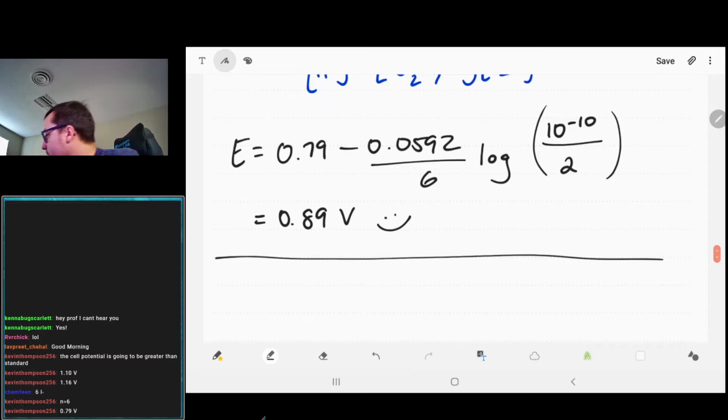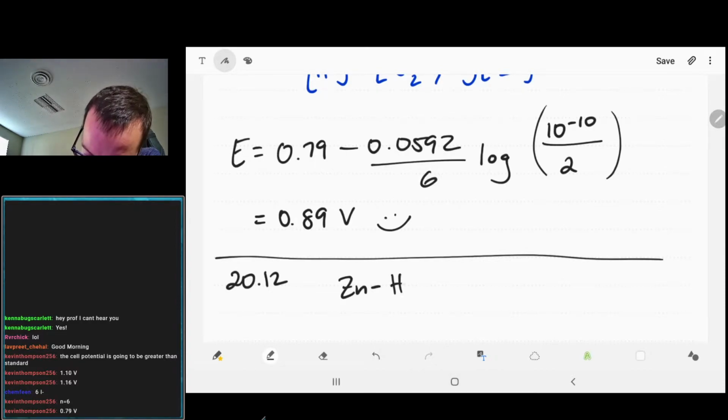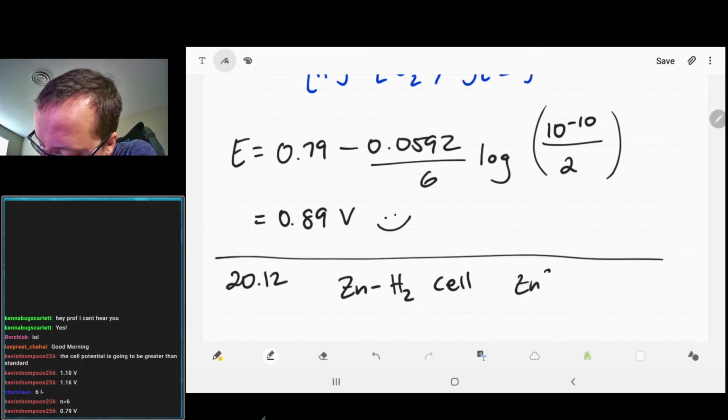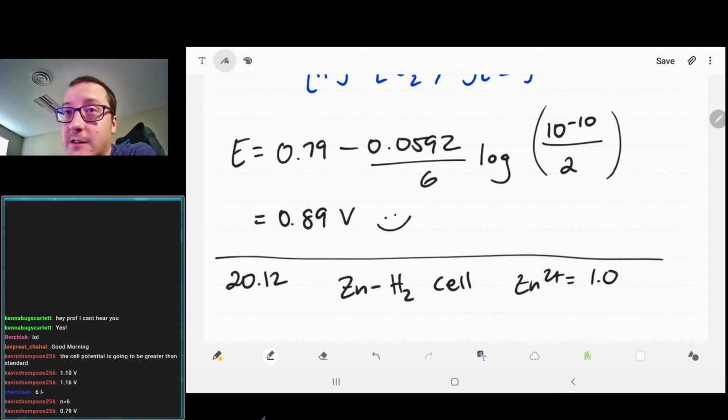This one in the book is example 20.12. In the book, we have a zinc hydrogen cell. We have a zinc. I'm going to not give us all the answers. It's giving us the cell potential, but I don't want to do that right away.